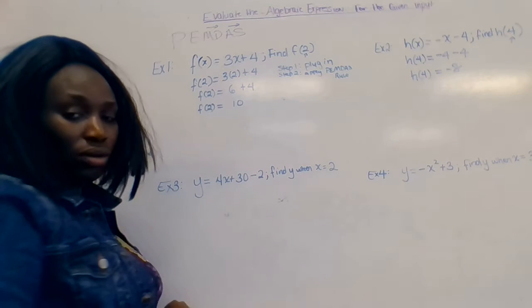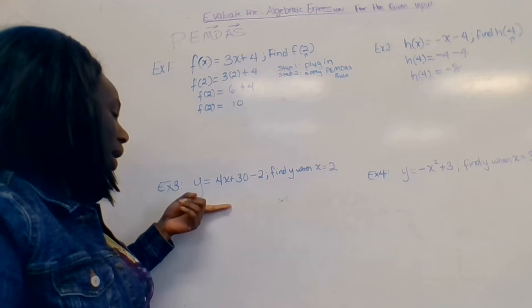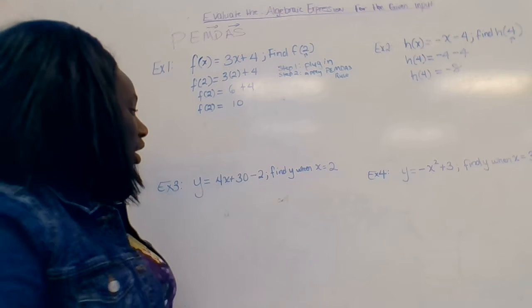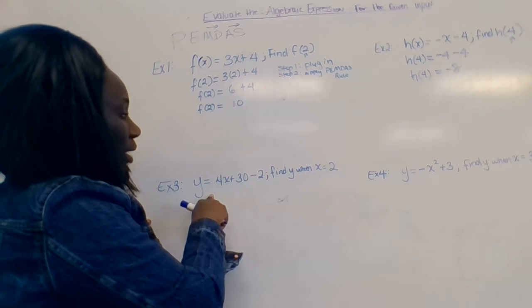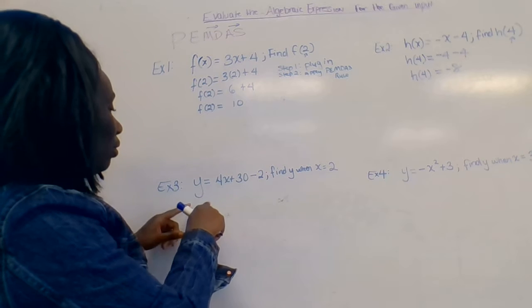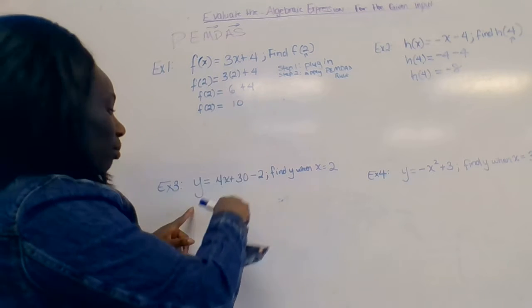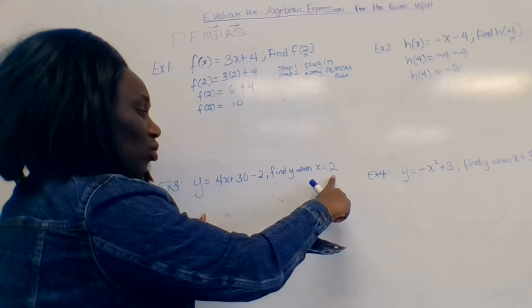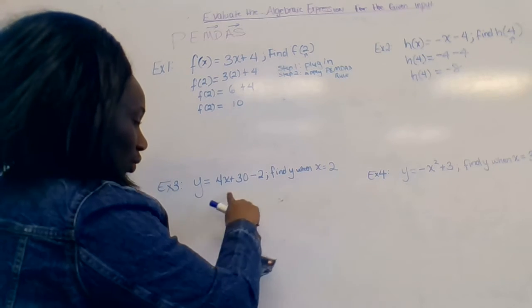Next, we go to example 3. It has y equals 4x plus 30 minus 2. Here, it might seem a little bit difficult because you don't have an f or something, but just remember, it tells me find y when x is 2. That just means I'm plugging in 2 for x.